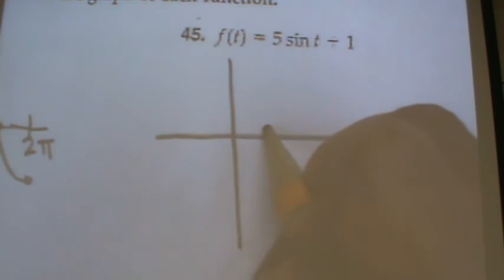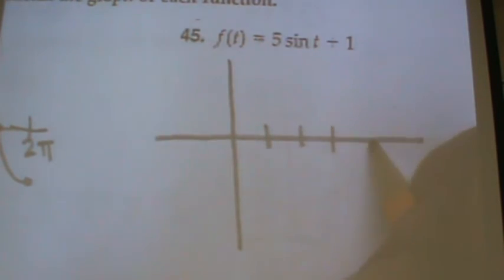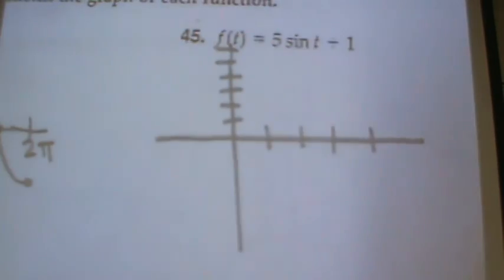How about 45? So we have 1, 2, 3, 4. And we gotta go 1, 2, 3, 4, 5, and 6. So we're gonna start at 1 unit above the x-axis.